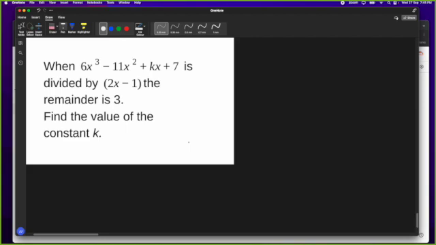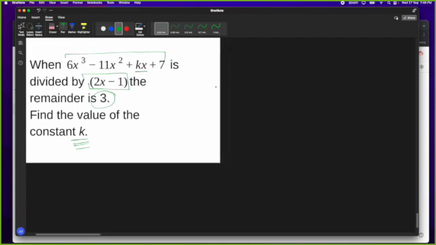That large polynomial, 6x cubed minus 11x squared plus kx plus 7, when this is divided by this, the remainder is 3. Find the value of k. We'll take 3 minutes and see if you could do it and tell me what values for k you all get. 3 minutes, and then I'll correct it, and then we're gone. You have 3 minutes, and I want to hear the values of k.